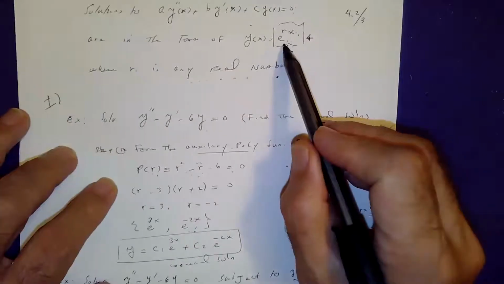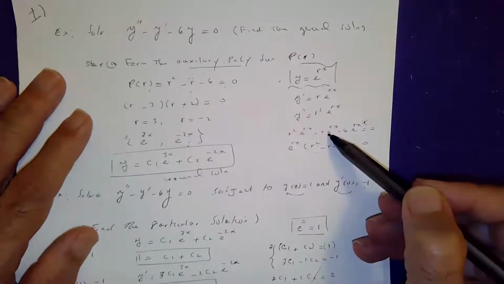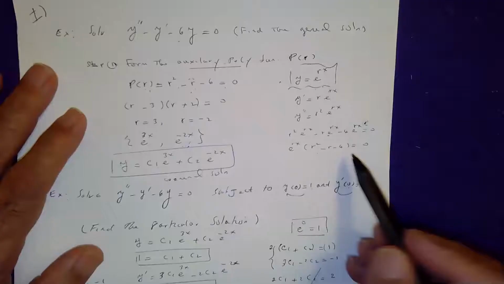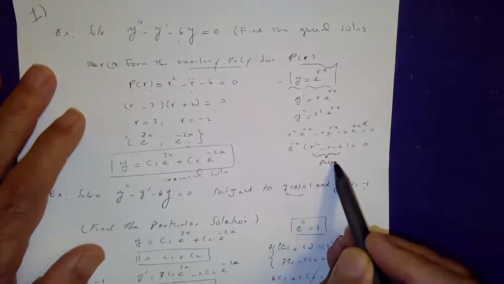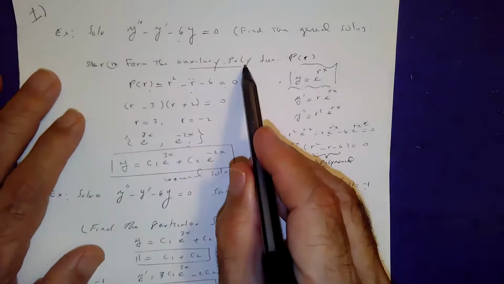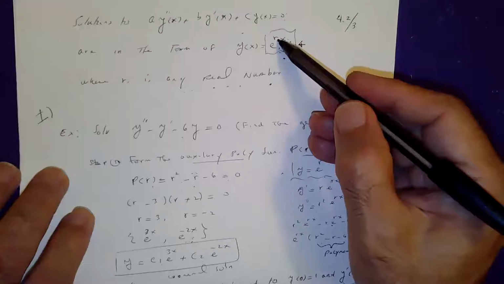If the solutions are going to be in this format, so if you plug that in, take two derivatives and plug those into the equation, lo and behold, that's going to create this polynomial. That's a polynomial which has a name. It's called the auxiliary polynomial. The roots of that polynomial will tell you what r is.